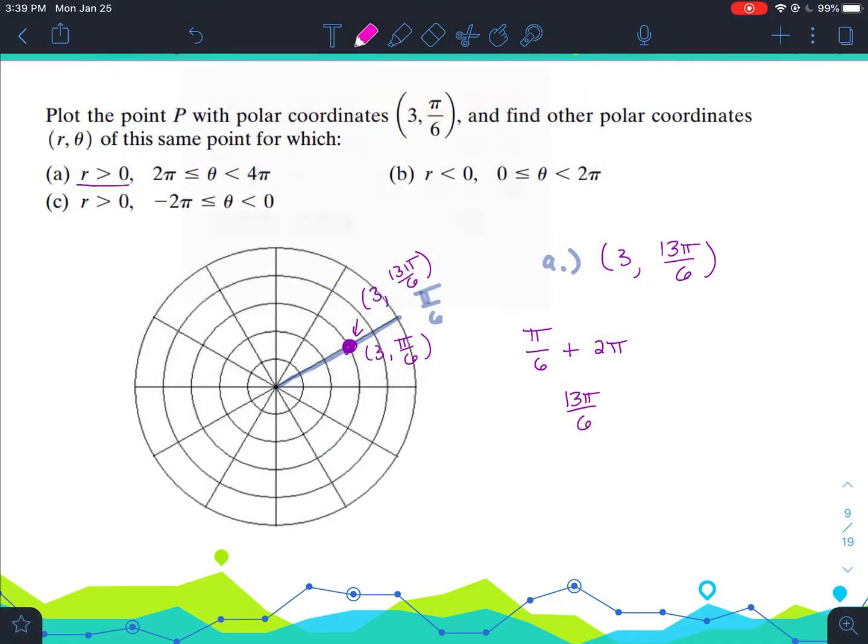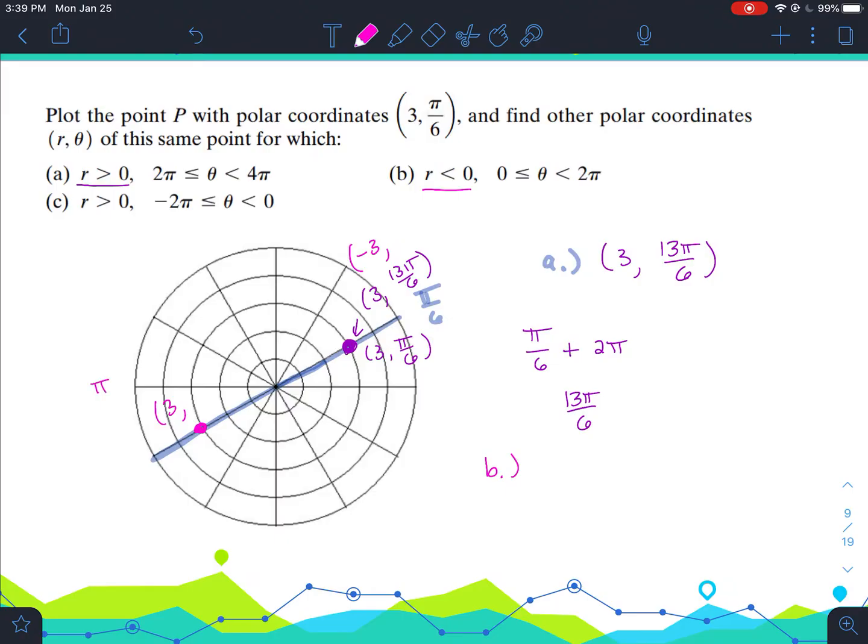All right, for part B, it wants my radius to be negative, and I want my angle to be between 0 and 2π. So I want to be at the same point, but I need my radius to be negative 3. For my radius to be negative 3, extend the pole. And then I need to be at 1, 2, 3. So I need to know what angle I'm at.